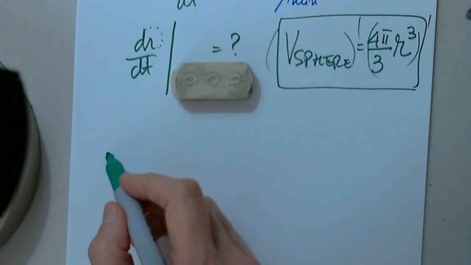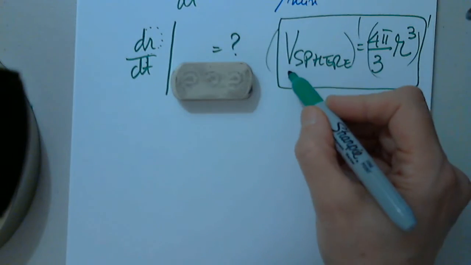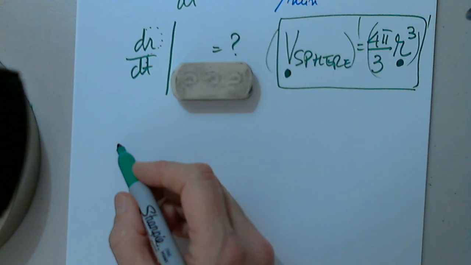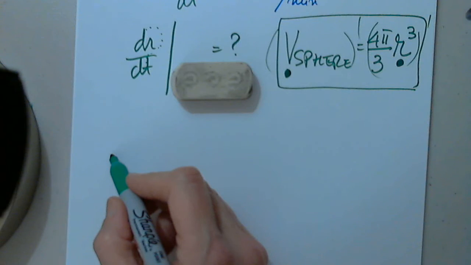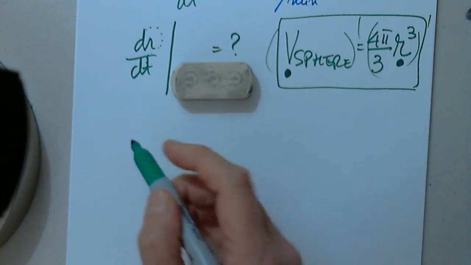What do I write on the left? Anyone? The dV over dt.